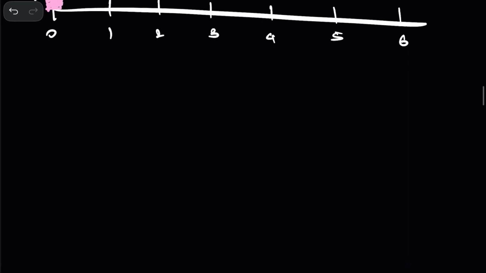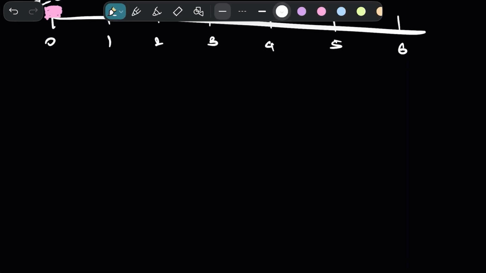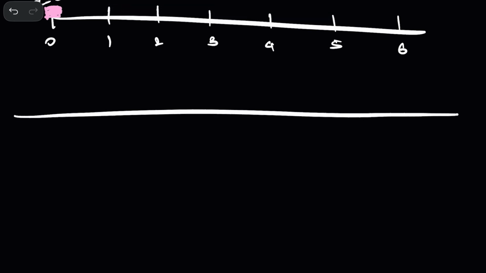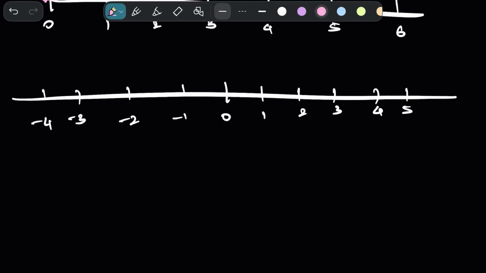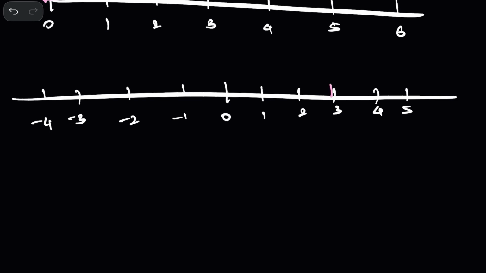This is a regular number line. But an actual number line has both positive and negative sides. You have 0, 1, 2, 3, 4, 5, and -1, -2, -3, -4. The object to the right of the origin is at a positive position. If I put my object on, let's say, 3, this would be the positive position.